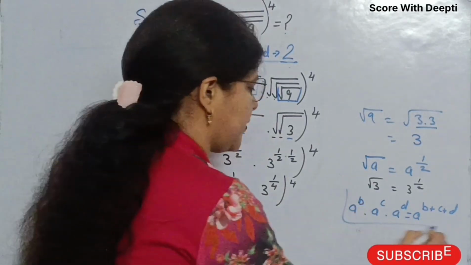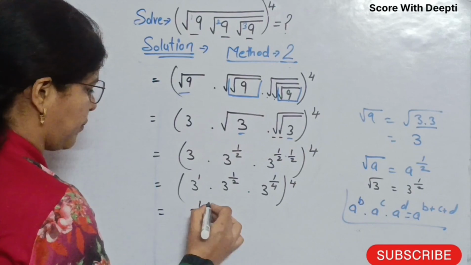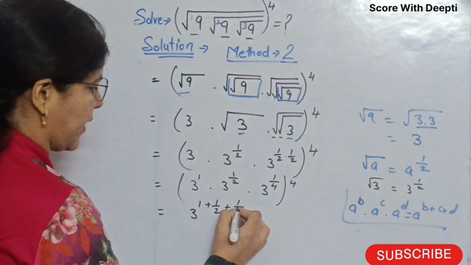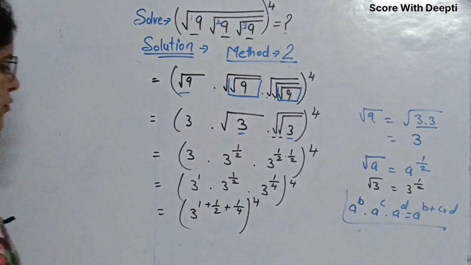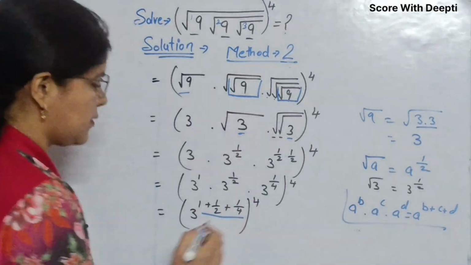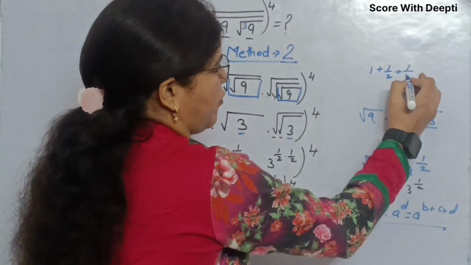We apply this identity here and we get 3 to the power 1 plus 1 by 2 plus 1 by 4, to the whole power 4. Next we solve 1 plus 1 by 2 plus 1 by 4.